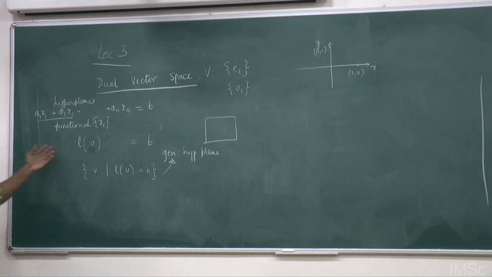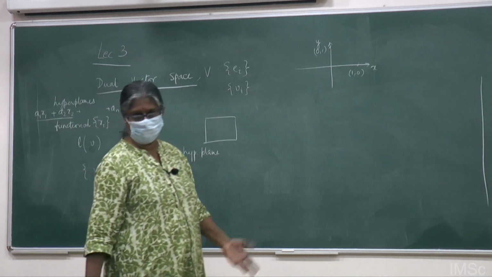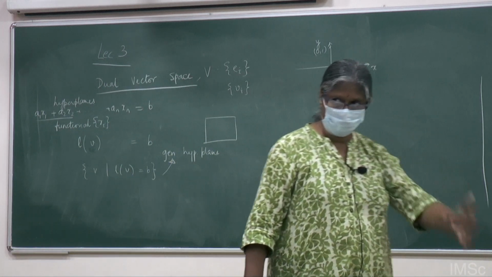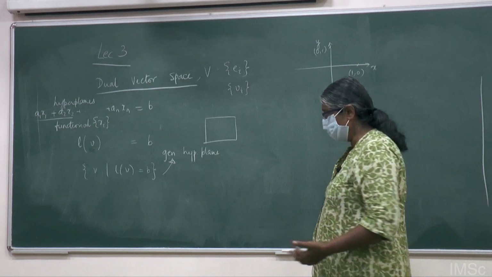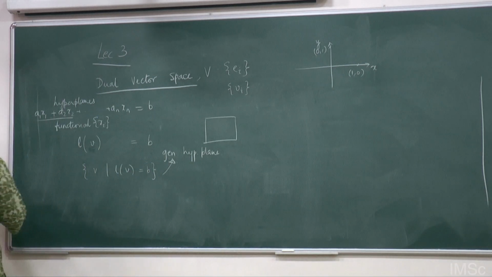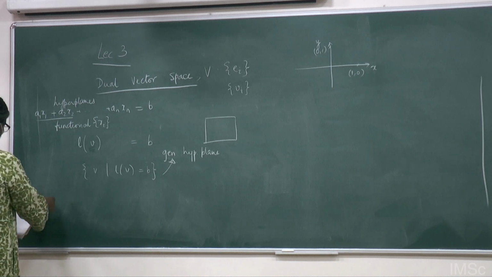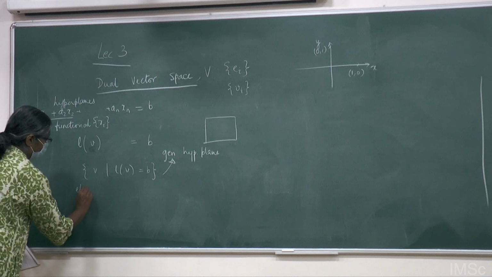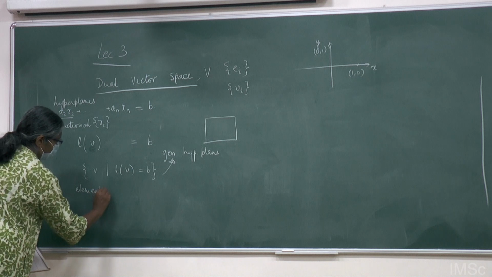And I have so many such constraints, right? I can write the list of all such constraints that are available to me, and this whole set actually will give me the elements of the dual space.